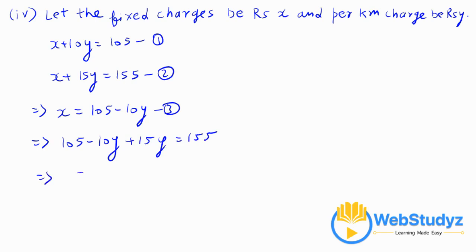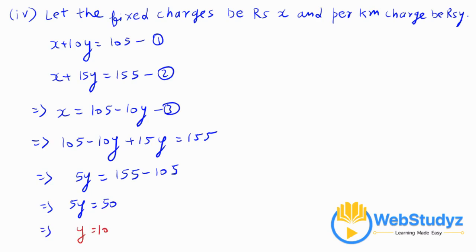Solving this, we get 5y equals 155 minus 105. So we get 5y equals 50. So from here, we get the value of y as 10.